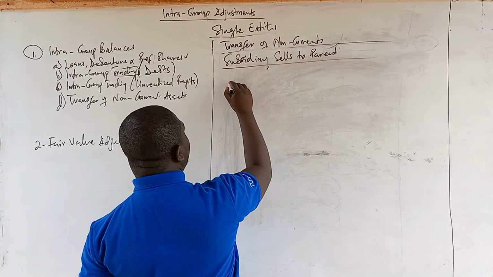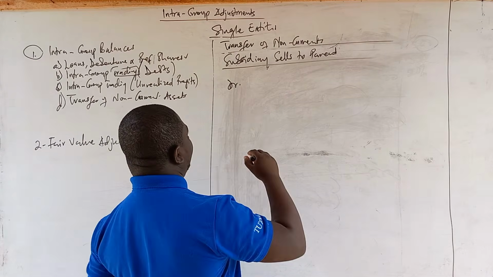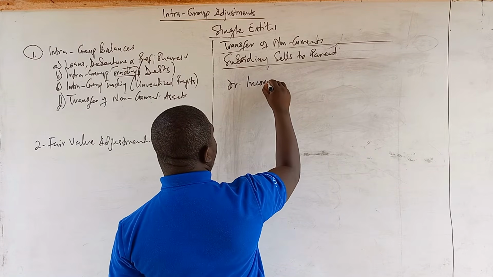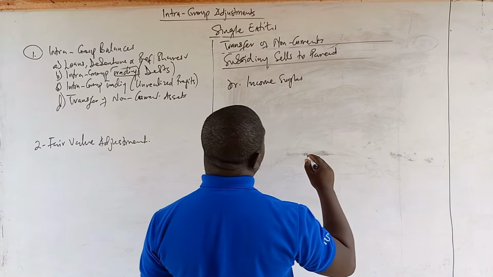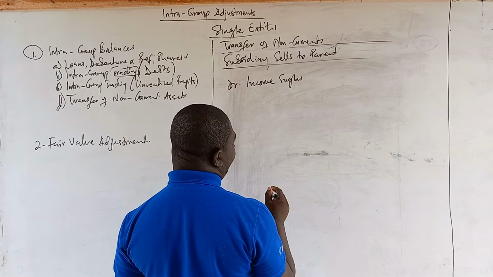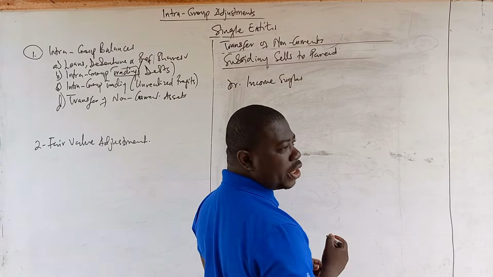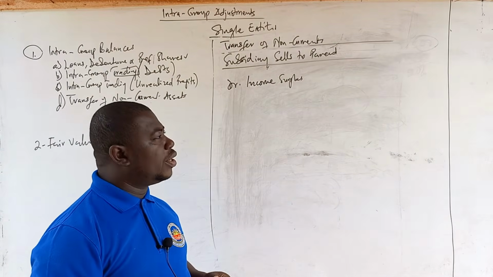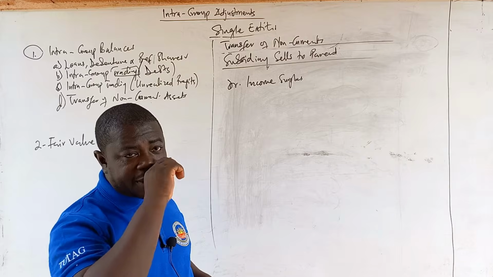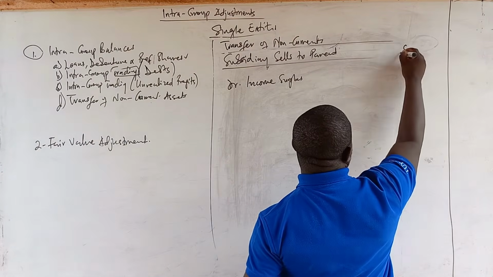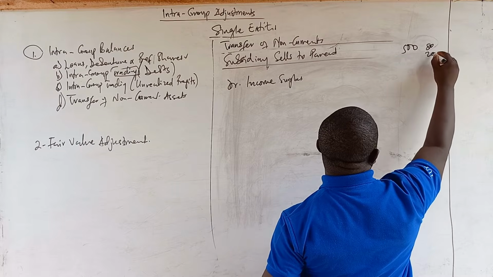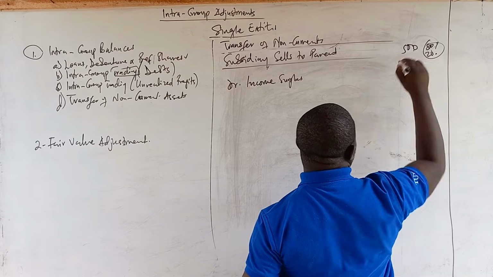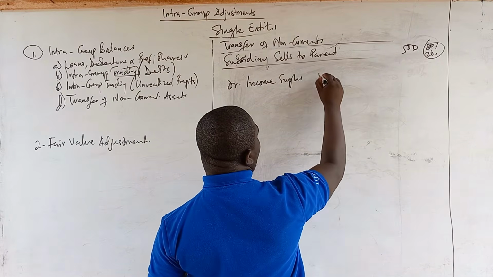In that case, just as we did, we are going to debit the group income surplus. But in this case, it's not going to be with the whole 500, because we need to apportion that of the group, and then we apportion that of NCI. So the unrealized profit of 500, if the percentage is, like I said, 80-20, then 80% of 500 will be 400.